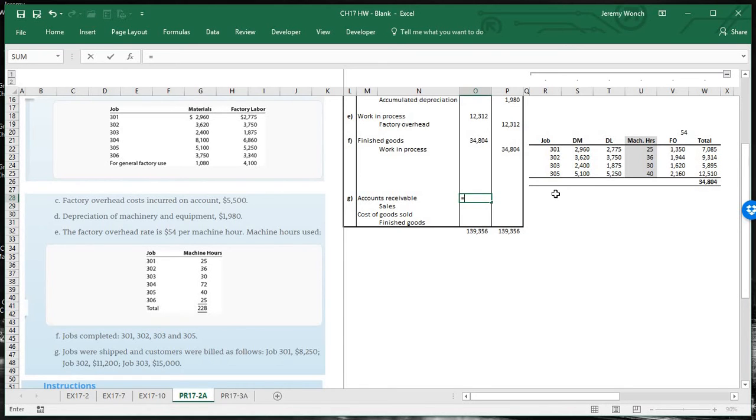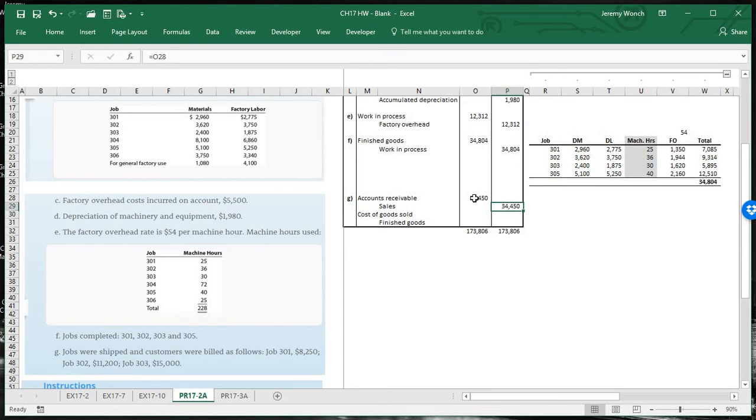So if we just add up what we sold them for, we did job 301 at $82.50, job 302 at $11,200, and job 303 at $15,000. So that's going to be our receivable and our sales revenue.